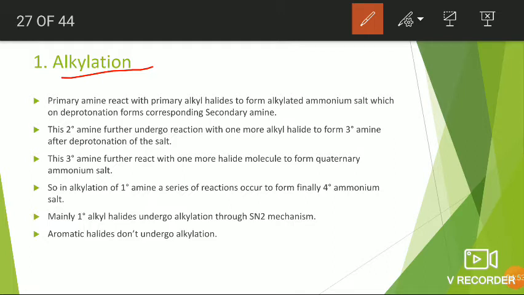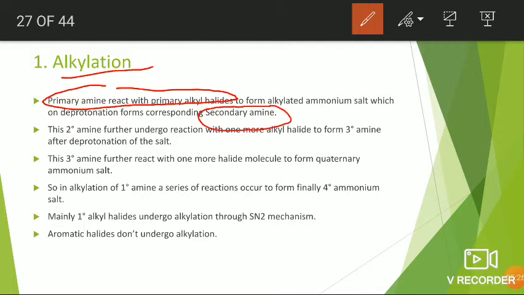Primary amines generally undergo reactions with primary halides to form a salt, an alkylated ammonium salt, which after that undergoes deprotonation to form the corresponding secondary amine. That is, the reaction of primary amines with primary alkyl halides produces finally a secondary amine.